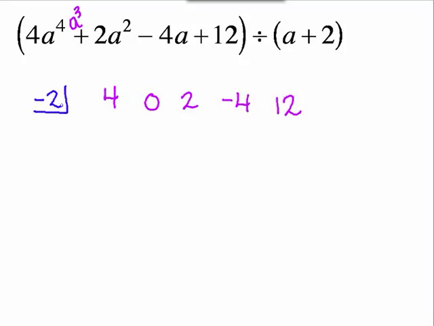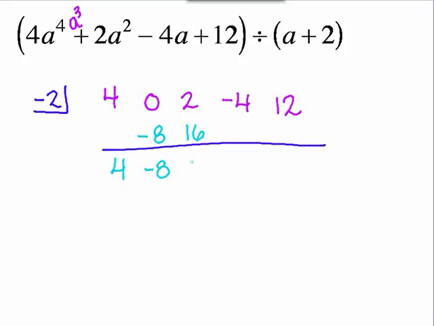Okay, so let's go ahead and start. Bring the 4 down, so I get 4. What do I do now? Times negative 2, and I get negative 8. Then add down, and I get negative 8. Yep. 16.